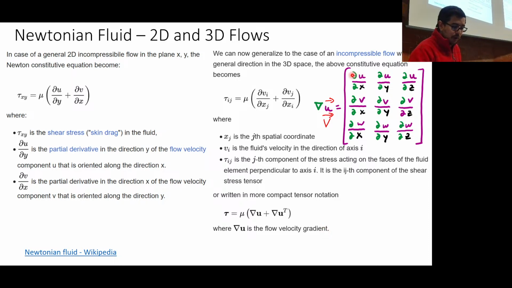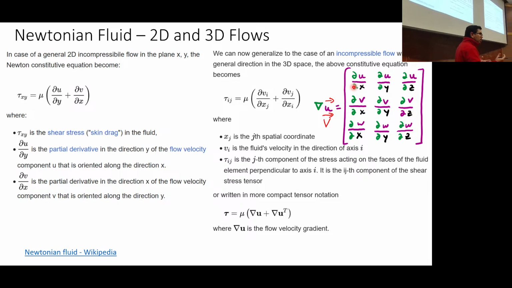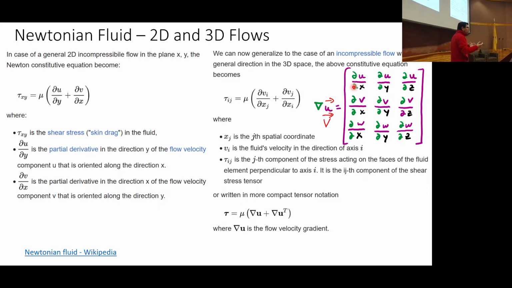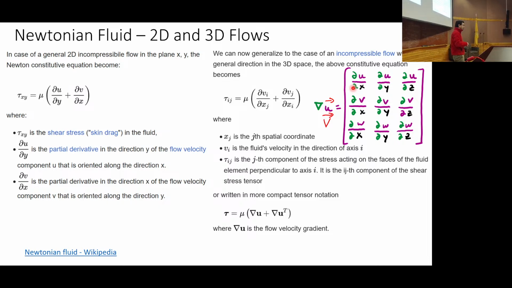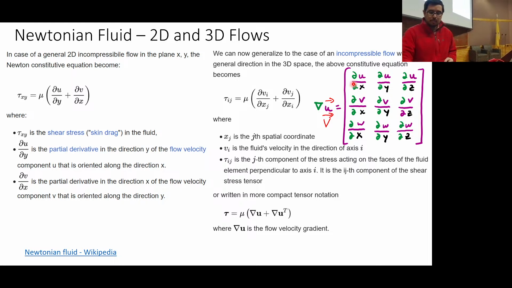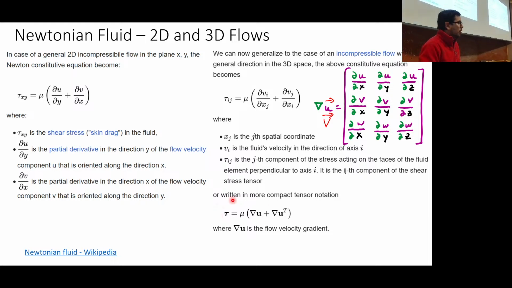The ones where you have the flow in the same direction as the direction are not going to contribute shear, right? So the main diagonal is not going to be contributing shear. But the off-diagonal terms, just like in mechanics, those are the ones that contribute to the shear stress. And you can write it in this compact tensor notation at the bottom.